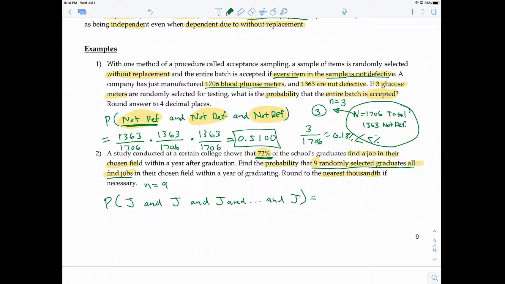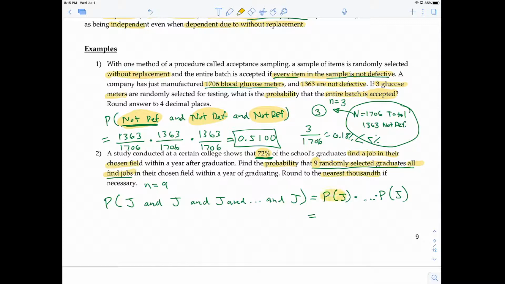And we know that this is the multiplication rule because it's multiple trials, right? So this is going to be the probability that the first one finds a job in their chosen field times the probability that the second person finds a job in their chosen field, 9 times. And we're going to figure out that probability and raise it to the 9th power, right?